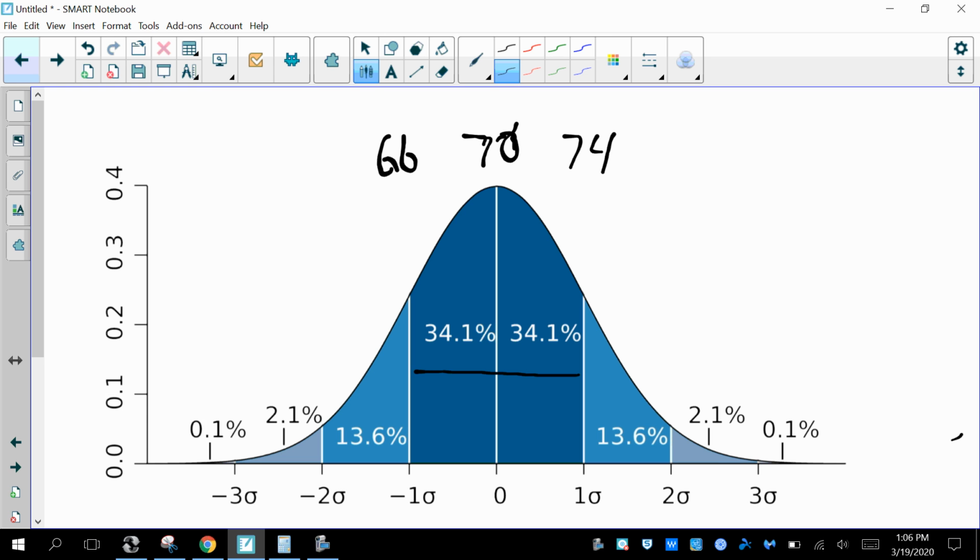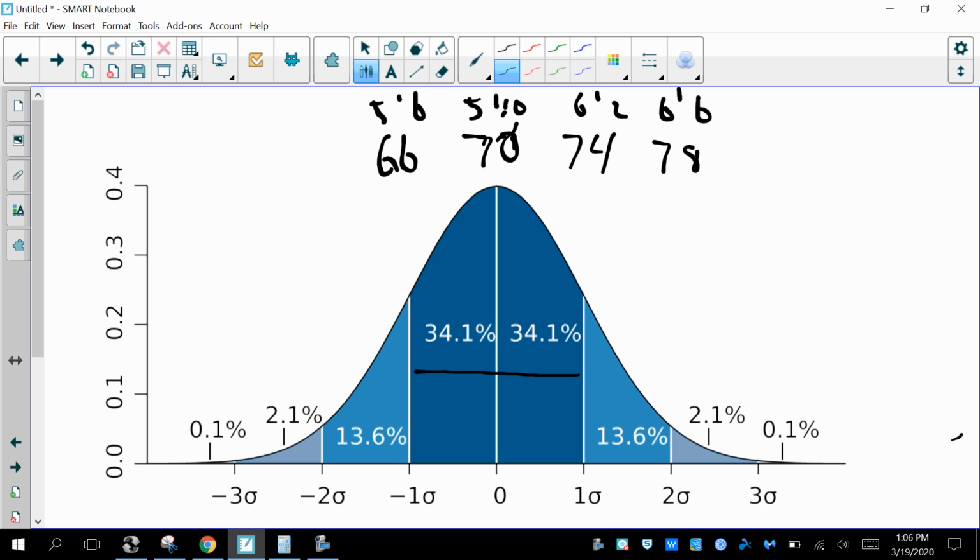So again, I'll write this was 5'10", this was 6'2", and this was 5'6". Okay. Now, if we want another standard deviation, that'll get us to 78 inches, which makes 6'6".